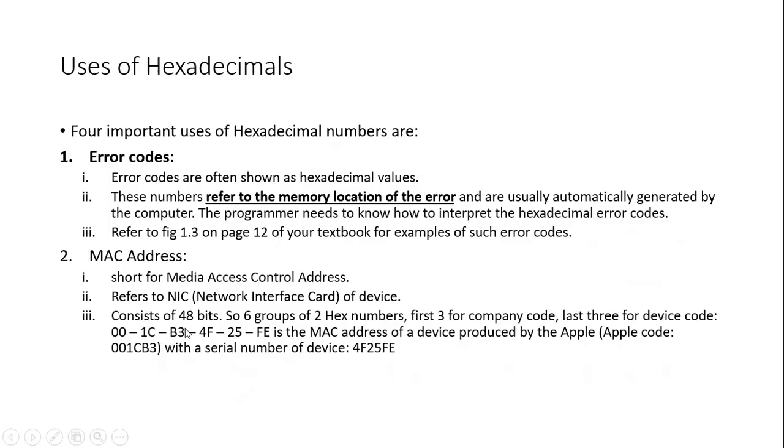So any device with this 001CB3 MAC prefix will be identified as an Apple device. And then the device will have its own unique part of the MAC address. It will be 4F25FE. This will be a specific, particular device. So this is how we use hexadecimals in a MAC address.